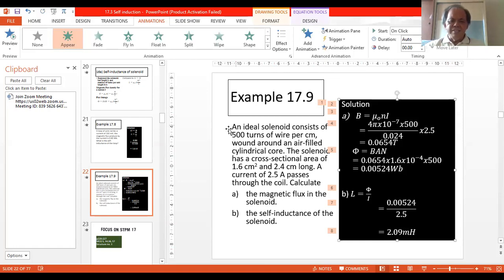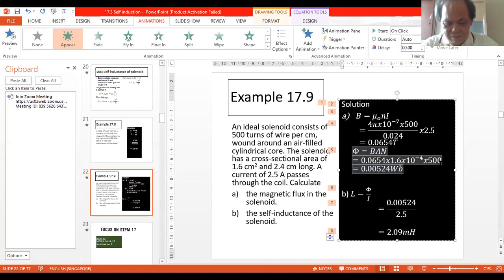This 500 is turns per cm, so I have to multiply by 2.4. Since this is per cm and the length is 2.4 cm, I just multiply by 2.4. The cm and cm will go off, and it becomes the number of turns. Sorry, I didn't realize the mistake. Let's pick it up.